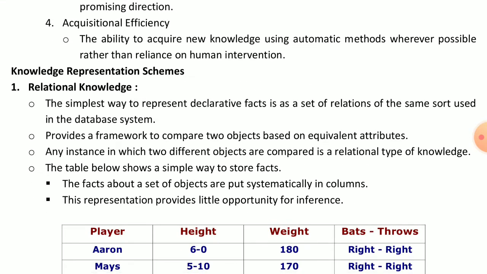Now the fourth property is acquisitional efficiency, means additional, extra efficiency. The ability to acquire new knowledge using automatic methods wherever possible rather than reliance on human intervention, means human interaction.